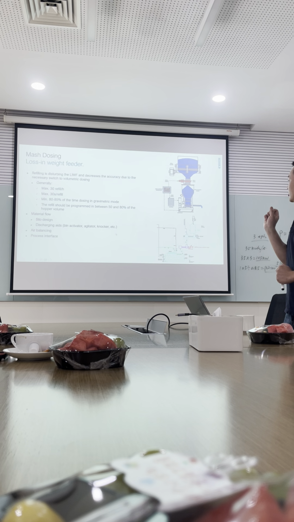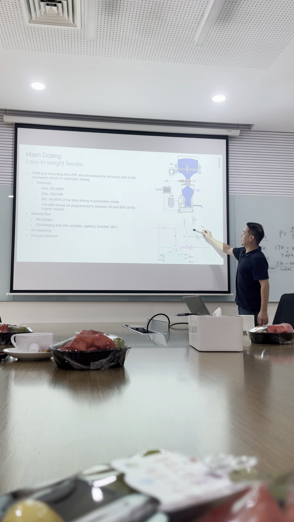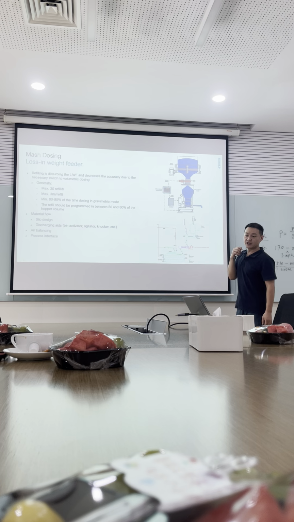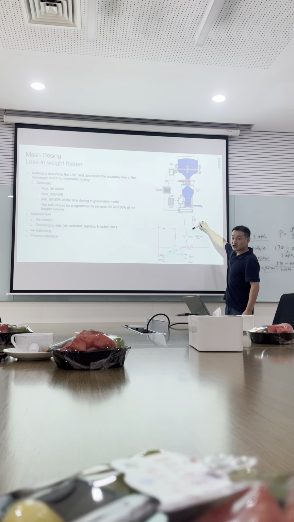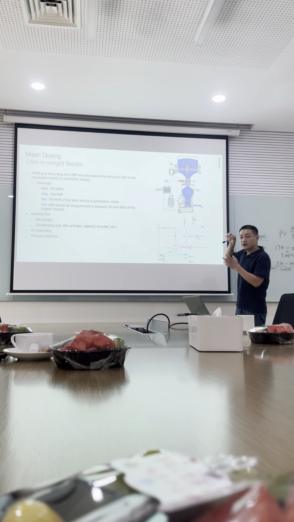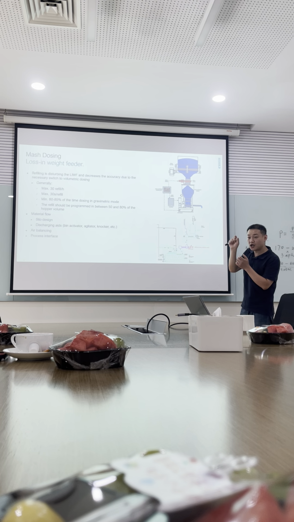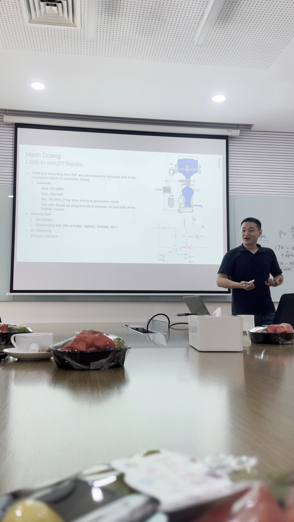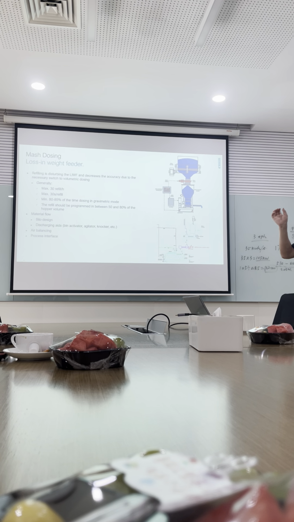For the loss-in-weight feeder, it's a gravimetric feeder, right? But when we add the material, if this bin is empty, or the low level indicator is triggered, we need to refill some material inside this bin, right? So in this refilling time, it's not the gravimetric dosing anymore, because it's not stable.